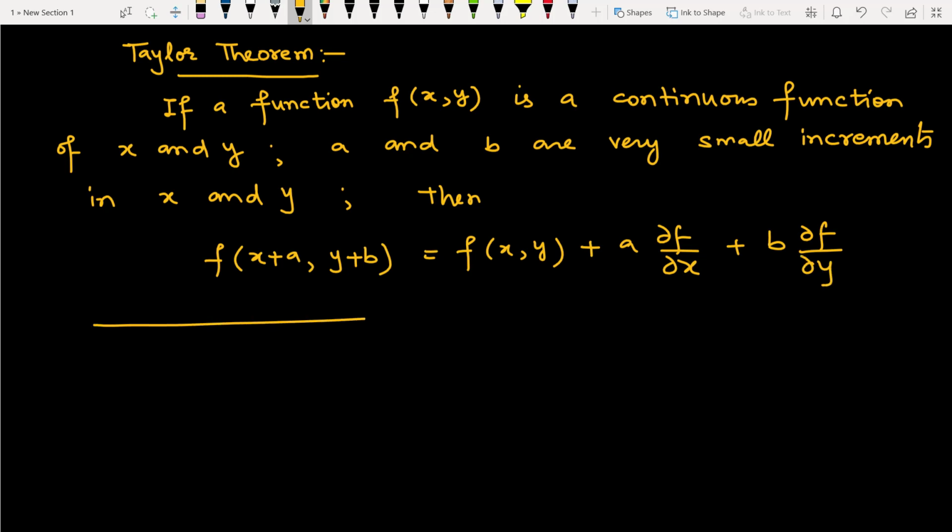So this is Taylor theorem, a very important theorem in mathematics, and we will be using this theorem to solve our next articles in mechanics.